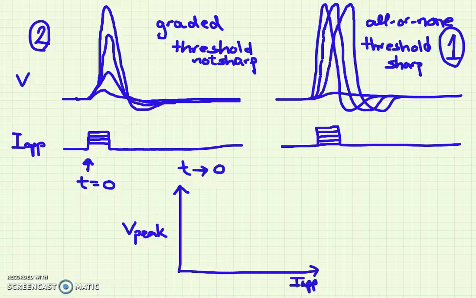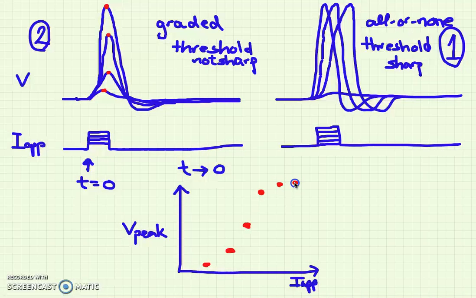Now, in the case of the graded response, this peak increases with each value of the applied current. So let me try to put that here. So the peak is changing, and at some point, there's a full-size response.